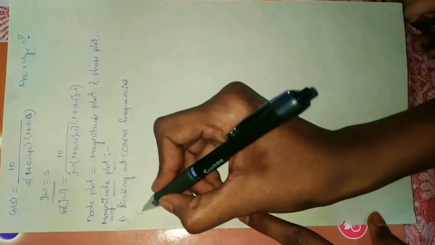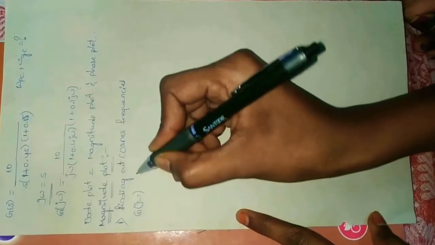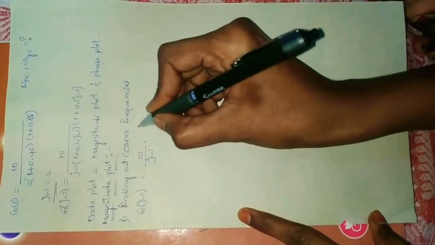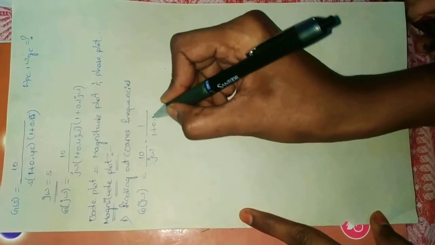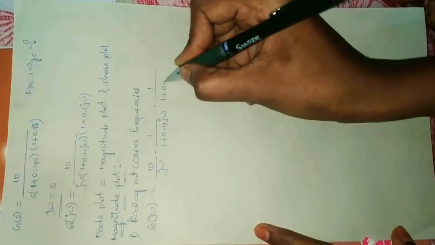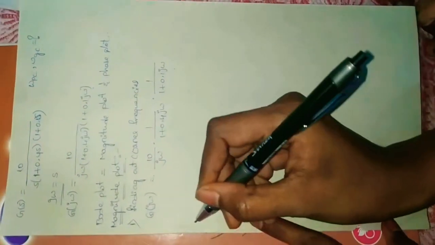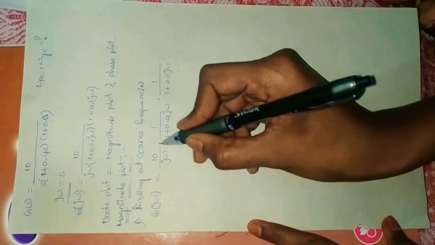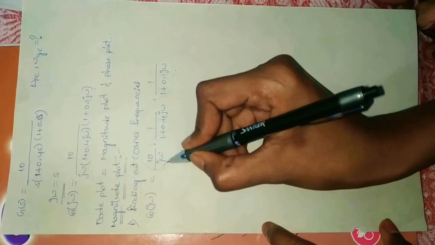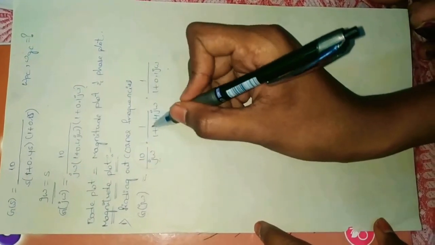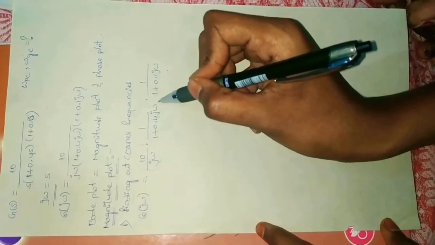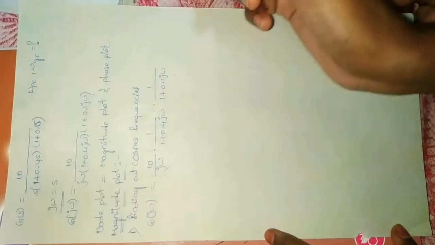First I'll write G(j omega) as individual terms: 10 divided by j omega into 1 divided by (1 plus 0.4 j omega) into 1 divided by (1 plus 0.1 j omega). Now we'll find out the corner frequency. There won't be any corner frequency for the first term because you already discussed this in the basics. And you'll have corner frequencies for 1 divided by (1 plus 0.4 j omega) and 1 divided by (1 plus 0.1 j omega).